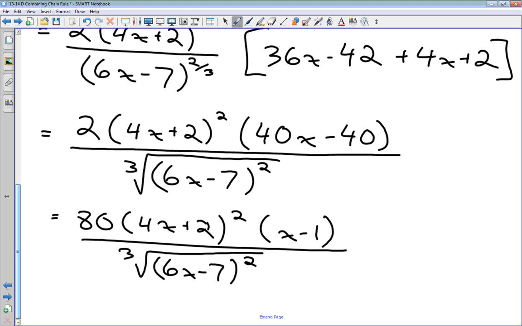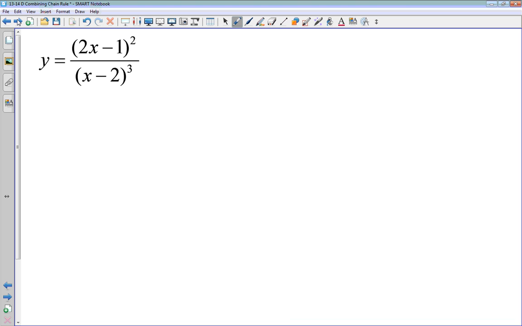Okay, we'll do one last example here, and then we'll be done. We've done product rule. What about quotient rule?